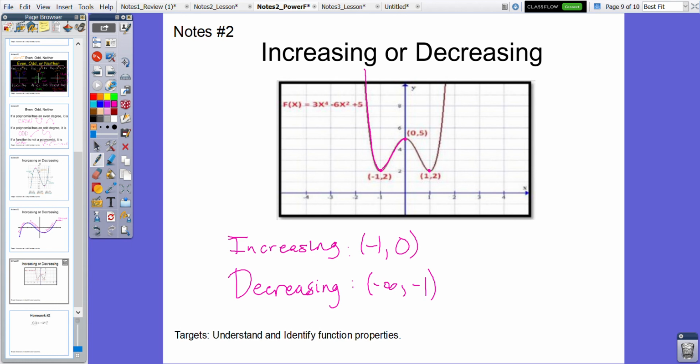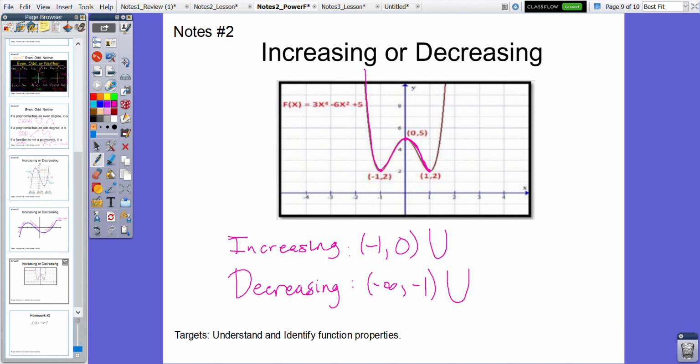Now, these are intervals here. So we don't want to create another interval; we want to add on to this interval. We do that using the capital letter U, because we have a couple more intervals we need to get through. So U signifies a union between our sets here. So the next part right here, from left to right, it goes down, it decreases.